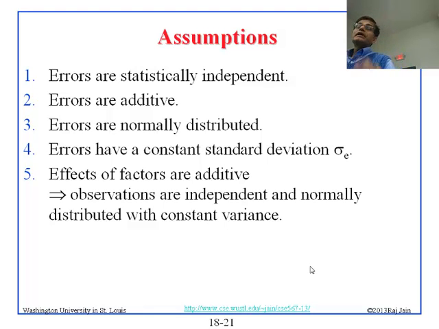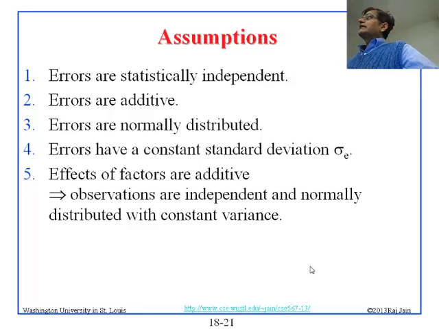All right. The next thing we did in regression, and we are going to repeat here again, is to verify the assumptions visually. So what are the assumptions we made in this design? First, that the errors are statistically independent. This is always a common assumption. That the errors are additive, and this is a very important assumption because we just put the plus E. Errors are normally distributed, because we are using the t distribution for that reason.